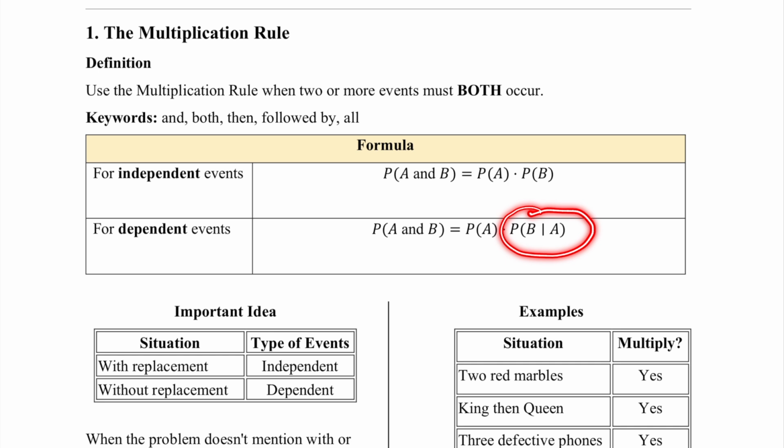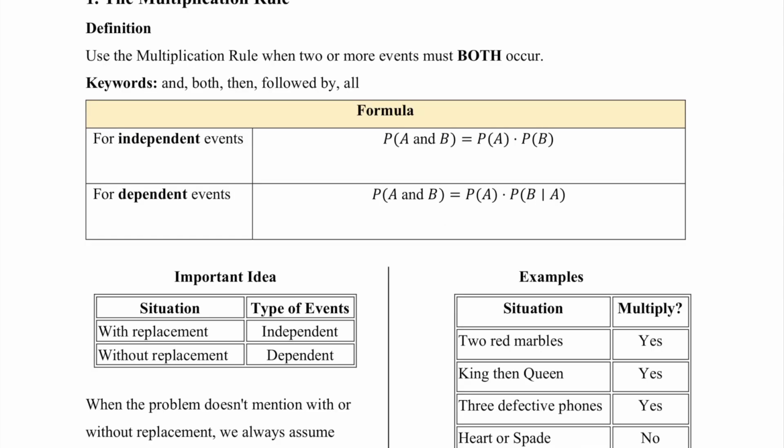This is read as the probability of B given A. In other words, it represents the probability that event B occurs after event A has already happened. The important idea is that the probability of the second event may change because the first event already occurred. That's why dependent events require a slightly different formula.